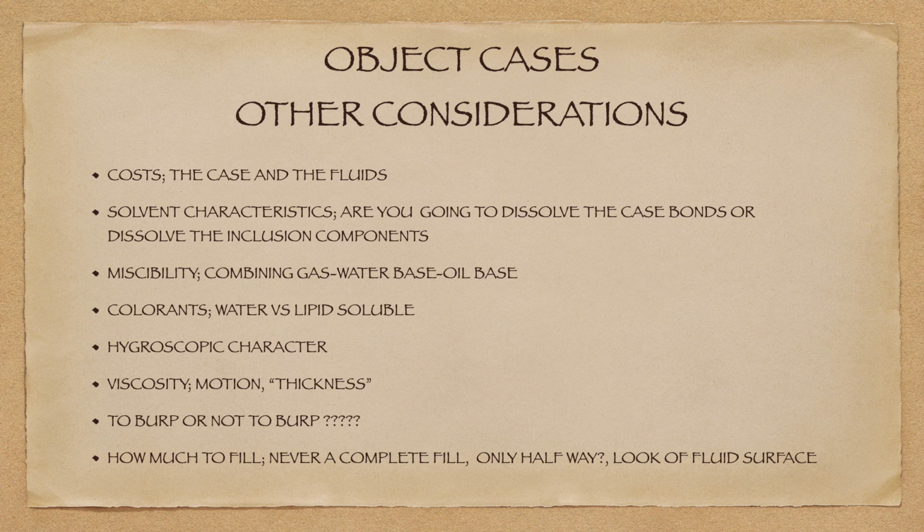Another consideration is to burp or not to burp an object chamber. Now, what does that mean? Well, to describe the process of gluing the final face or side to the ring of an object case, usually a glue or solvent or cement is applied to the edge of the ring, and that is proud of the ring itself, meaning it extends above.